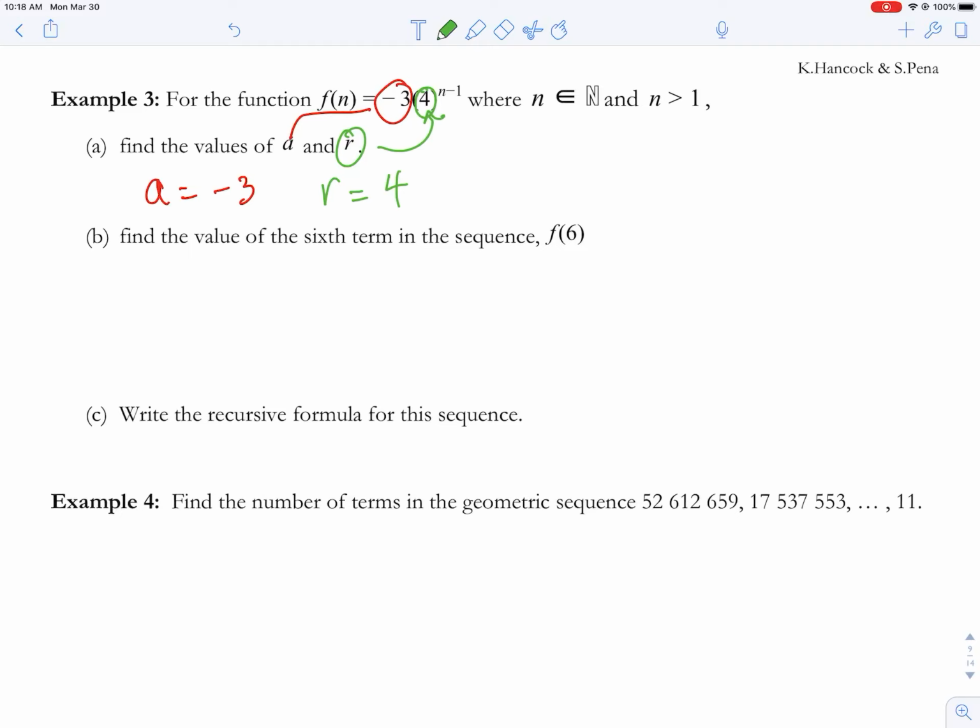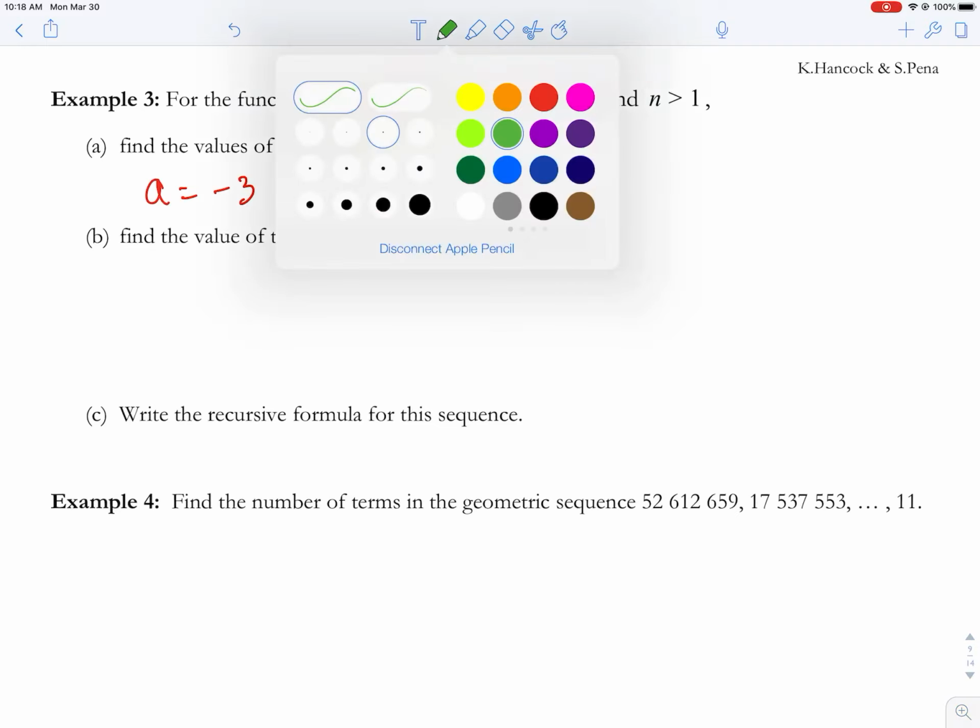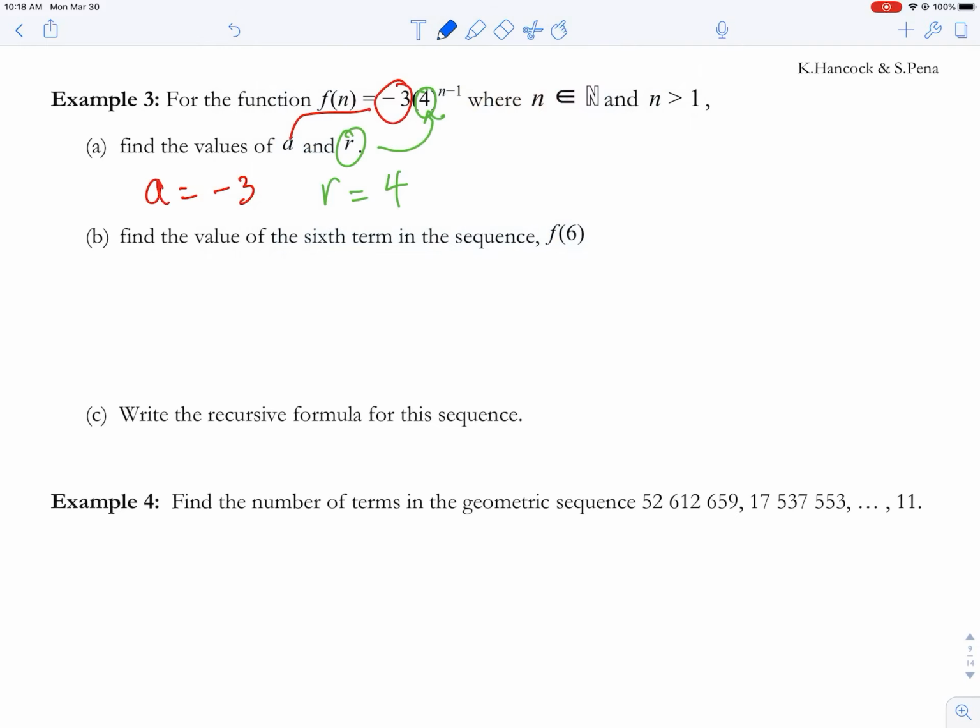It now says that it wants us to find the 6th term in this sequence. To find the 6th term, we're going to need to know the nth term. So t to the n equals a times r to the n minus 1. T to the 6 is going to equal a, which is minus 3, times r, which is 4, to the n, which is 6, minus 1. So that's minus 3 times 4 to the 5.